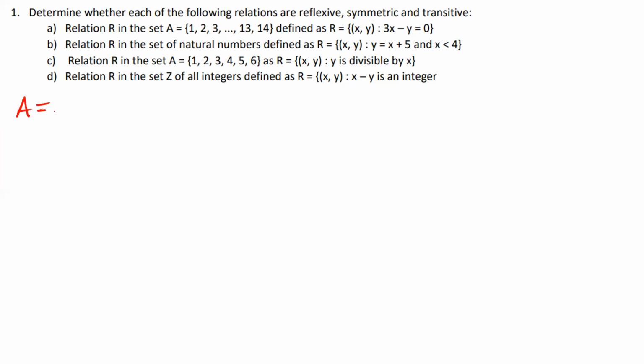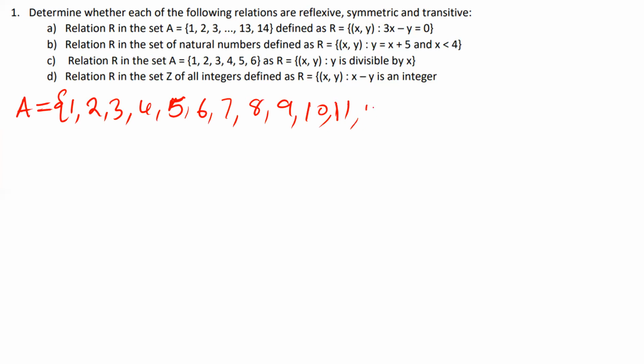So you have the set A, which is equal to 1, 2, 3, and so on up to 14. So you have 4, 5, 6, 7, 8, 9, 10, 11, 12, 13, 14.